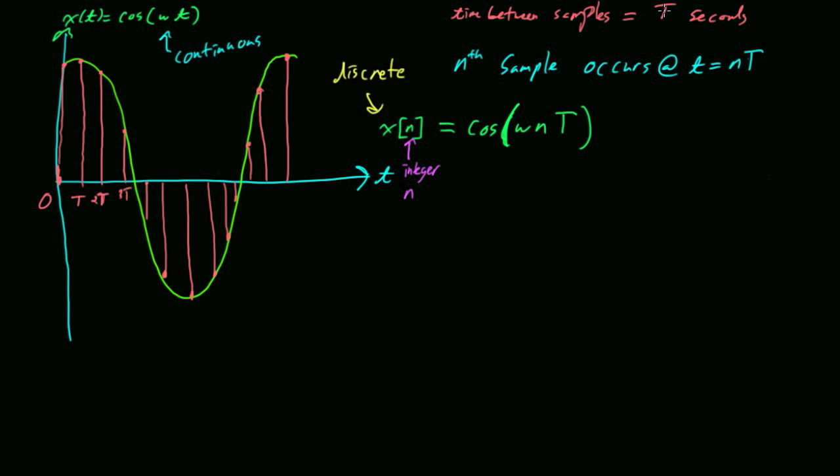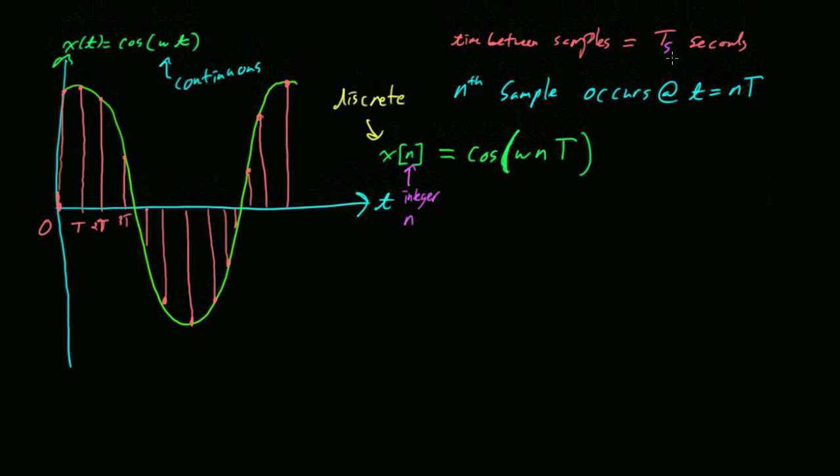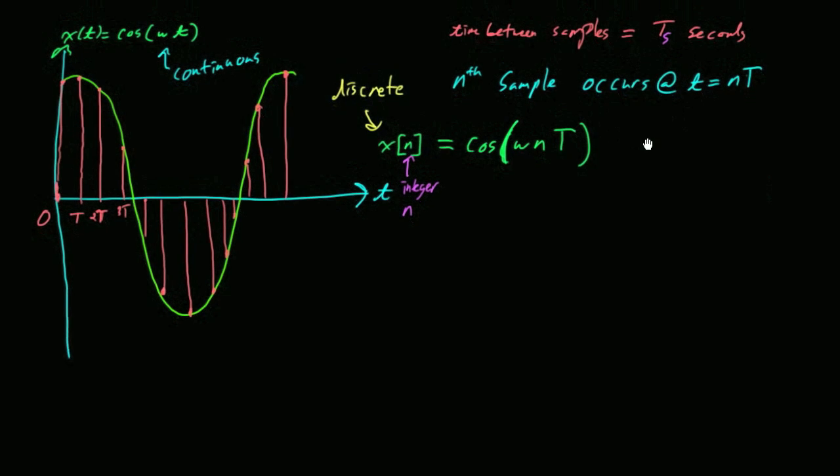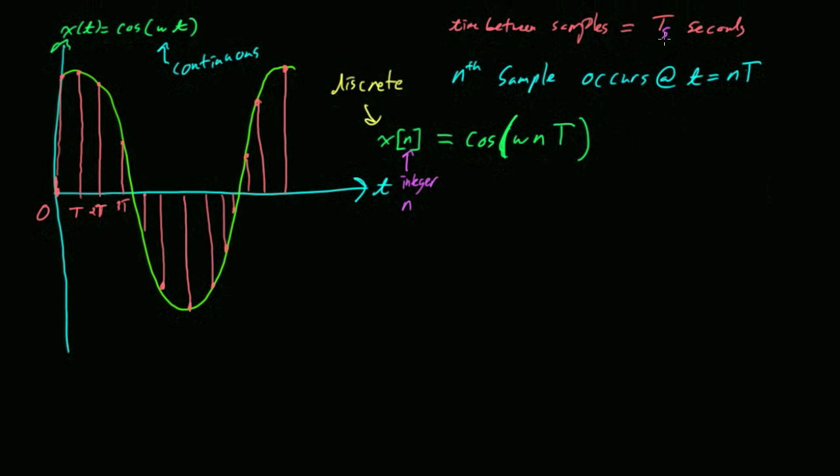Big T, I'm not talking about the period of the cosine. If it makes it a little easier, we can call it T sub s, the sampling period. It's the time between samples, if that helps. Because I know we've used big T to also denote the period of the cosine, and that's not what I'm talking about.